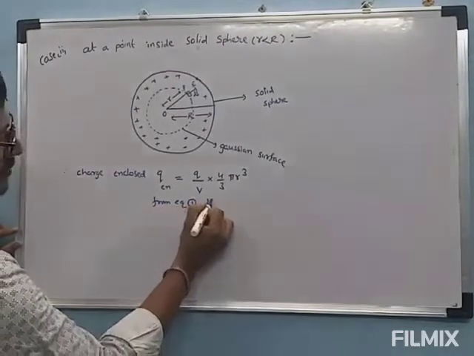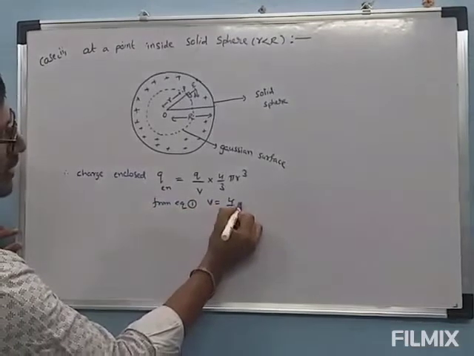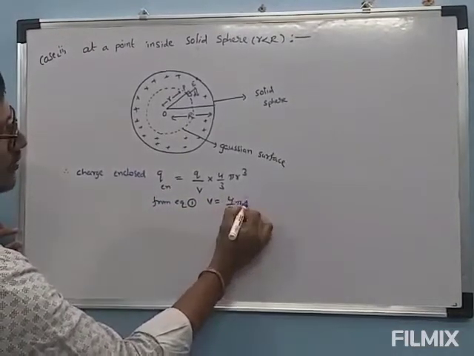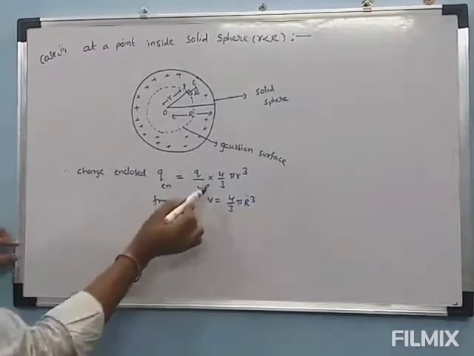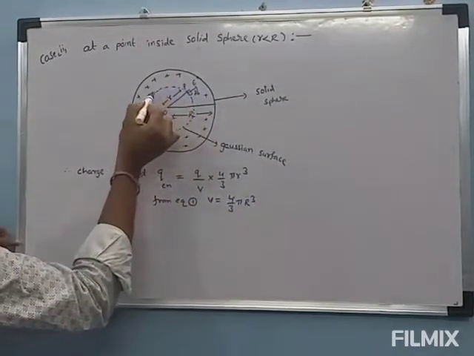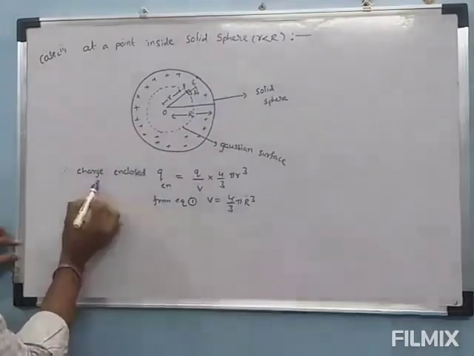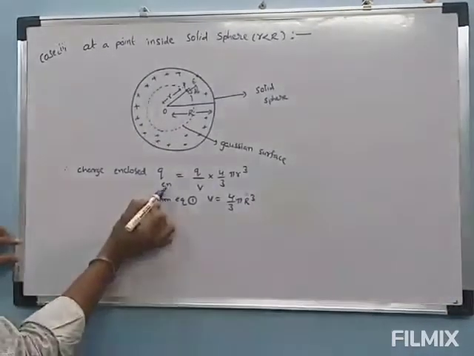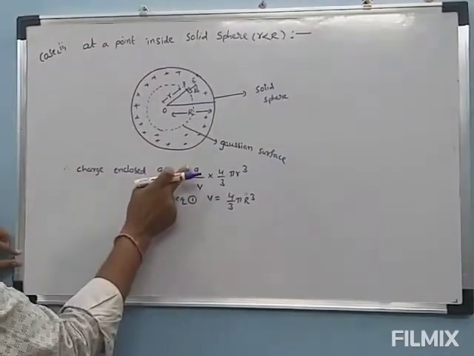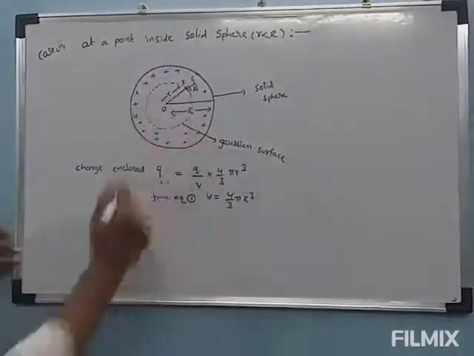From equation 1, V is equal to what? The 4 by 3 pi r cube, capital R cube. Here, where the Gaussian surface is formed, that is the charge enclosed. We can write the charge enclosed as charge by volume into 4 by 3 pi r cube.